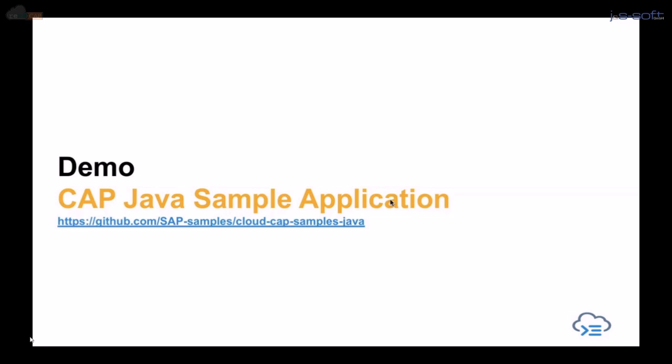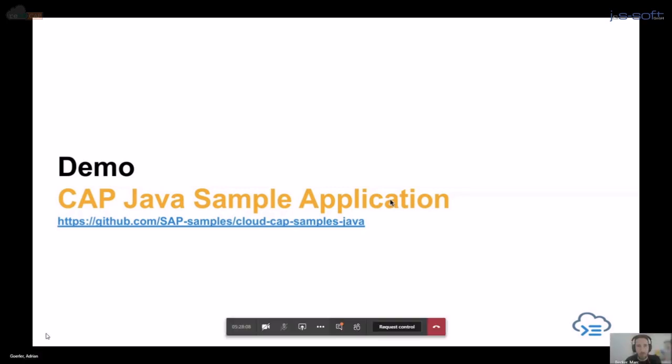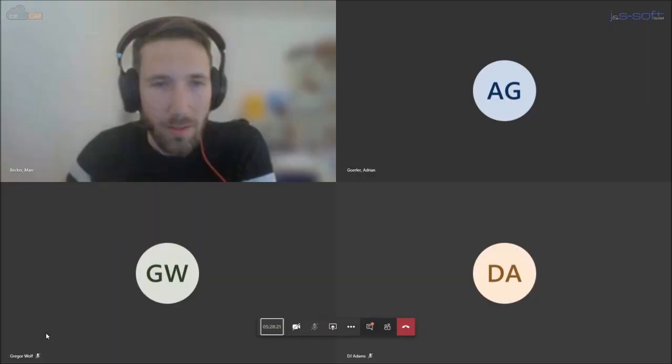Yeah, thank you, Adrian. So what I want to do now is first introduce you to the CAP Java sample application, which we have just released 2 weeks ago on github.com, finally. You can find this in the SAP samples organization.